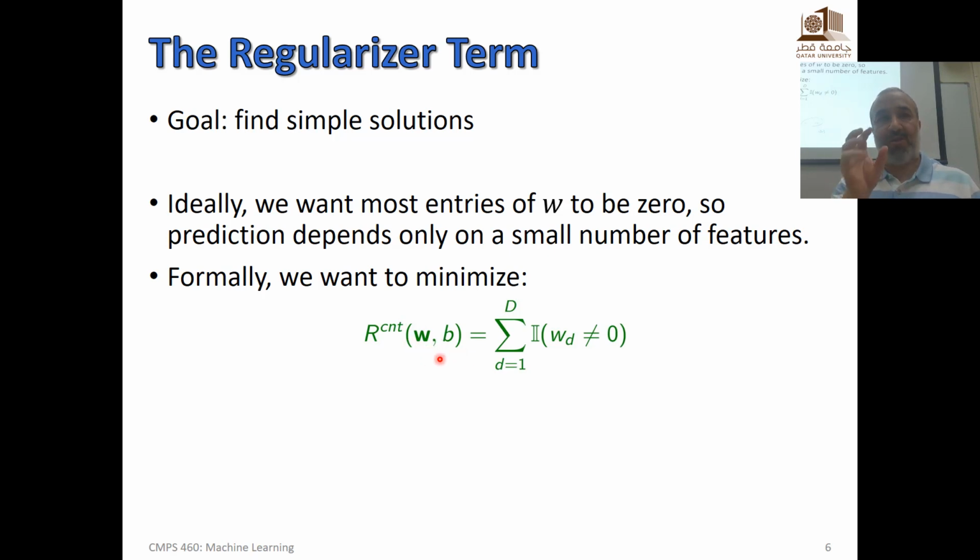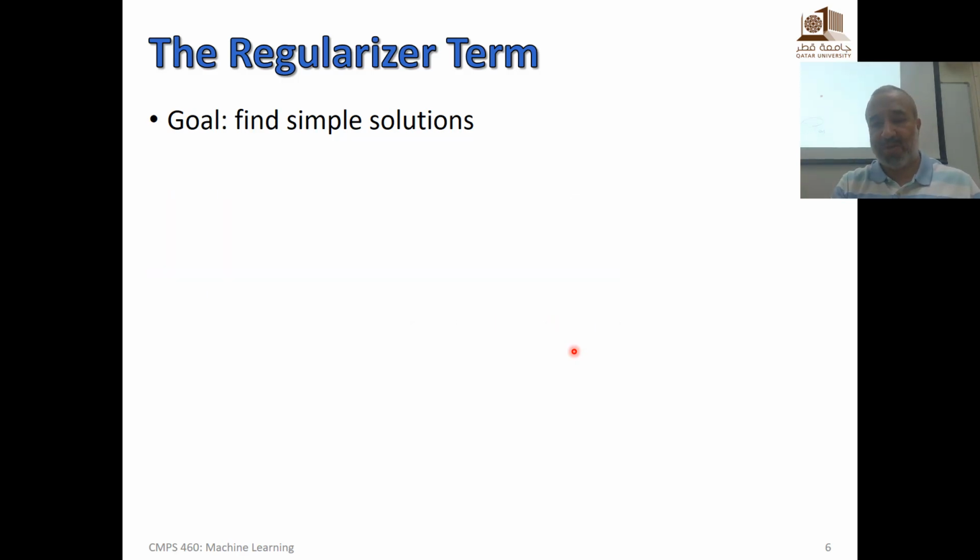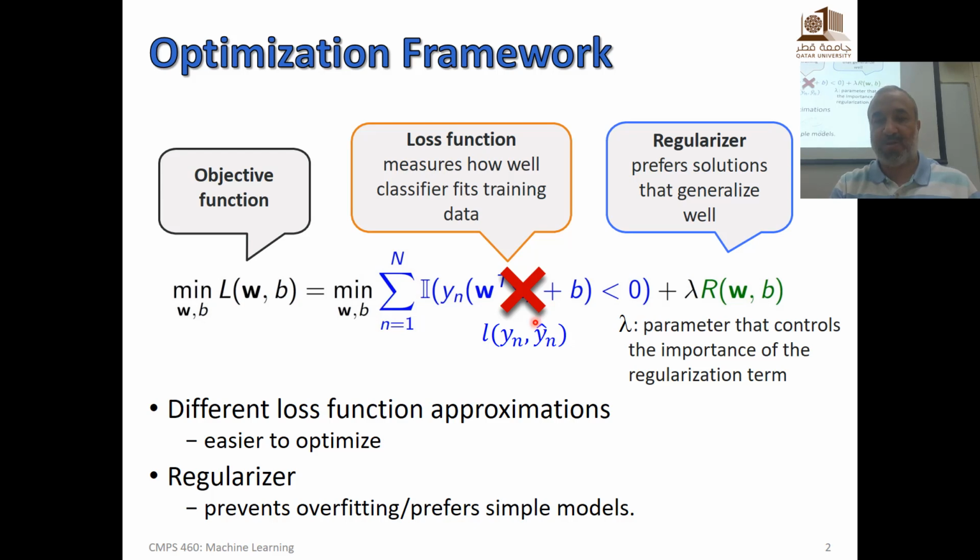Now imagine that we take this and put it back in the optimization function. The optimization function had 2 parts, if you remember. That's the loss, which makes sure that the error is minimized, and the regularization part.